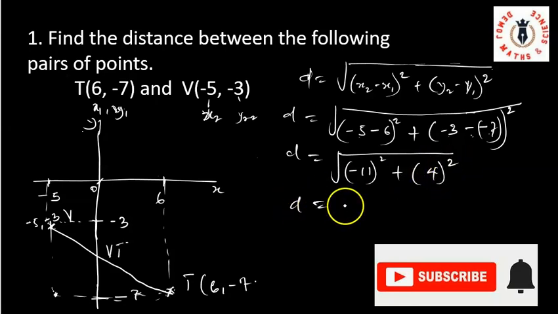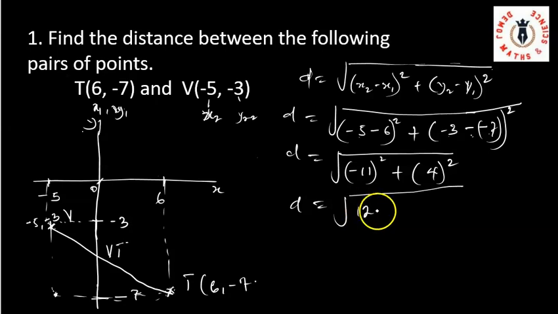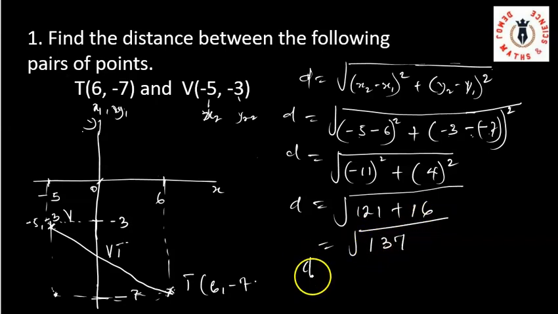So D will be equal to the square root of 11 times 11, that's 121, plus 4 squared, that's 16, which is equal to 121 plus 16, 137. So my D is equal to the square root of 137. 137 is an irrational number. You can just look that up in your square root table.